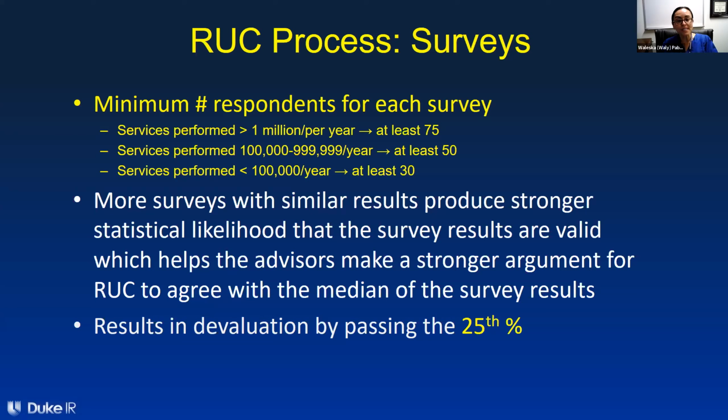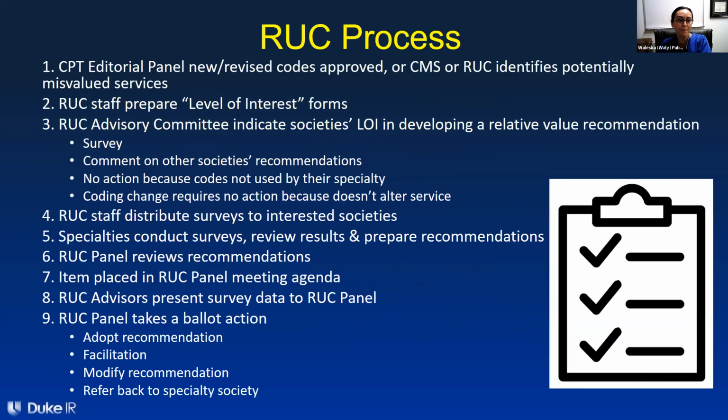Even with numerous survey responses and very robust data, not infrequently, once the results of the survey data is presented, the RUC panel ends up adopting the 25th percentile. So the service gets devalued some in that step.